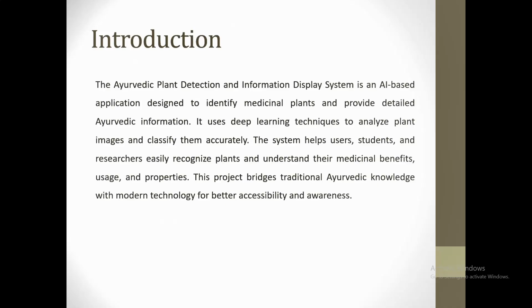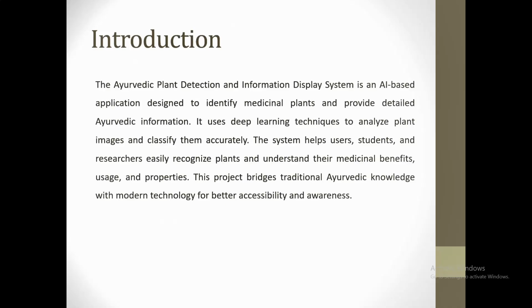Nowadays, everywhere we can see AI being used. Artificial intelligence is being used in various domains to make things simple, efficient, and accurate. As a project, we have selected AI application in the field of plant detection and information retrieval system.